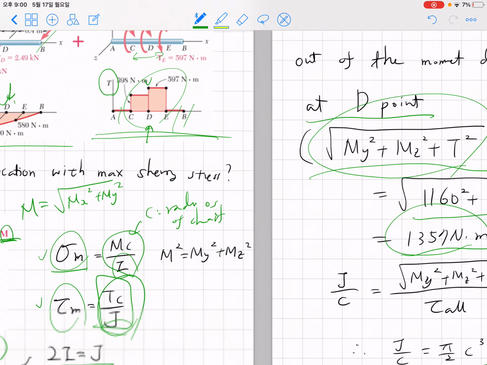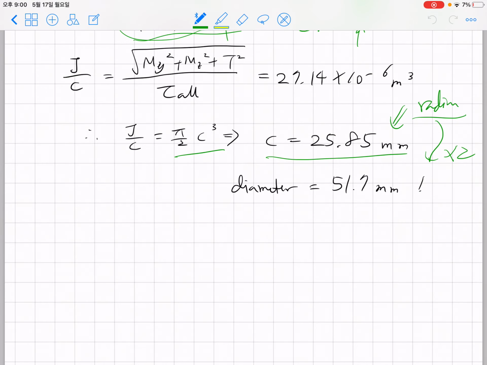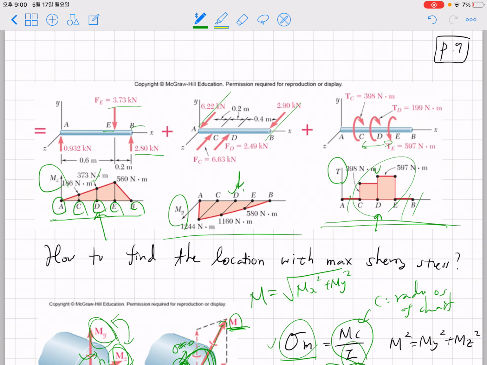Okay, so here you can see that this chapter combines all the knowledge. Even though you have taken the midterm, to do a good job in the final exam, I would say you have to study again the contents before the midterm, so that you can draw this moment diagram and torsion diagram without difficulty.